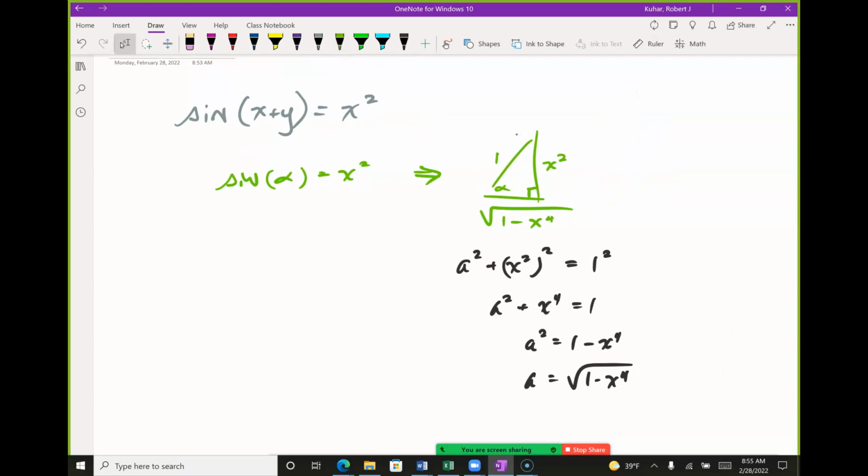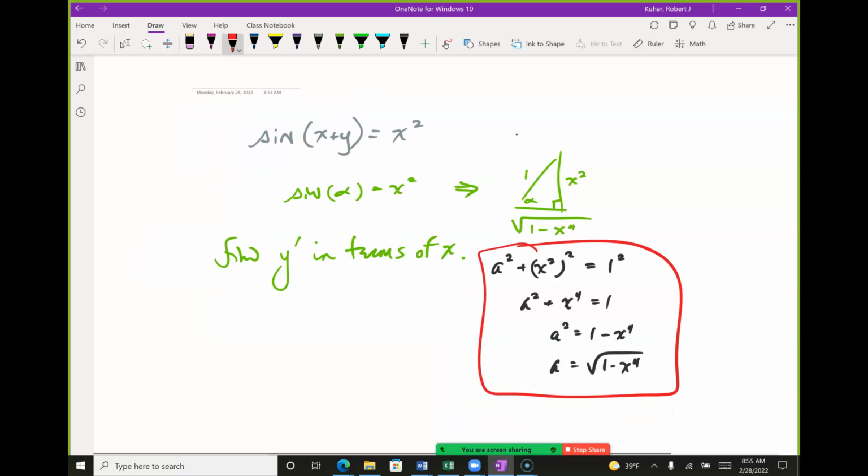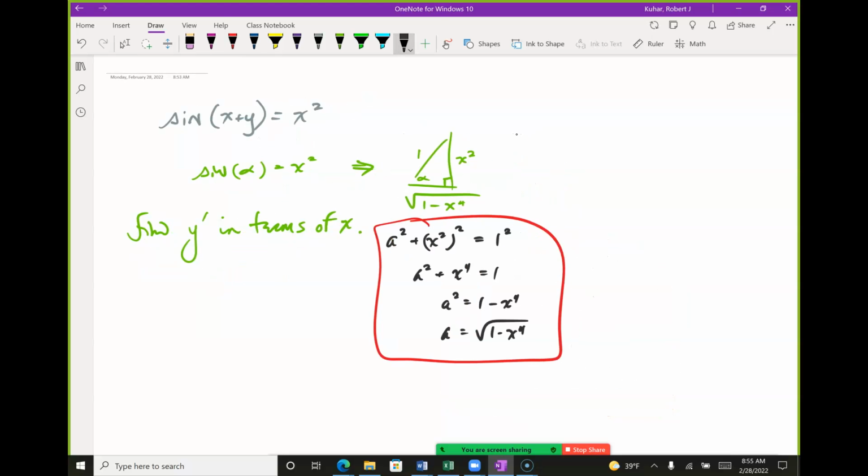Nice. Let's find our derivative in terms of x. Find y prime in terms of x. So derivative d dx of sine of x plus y should equal d dx of x squared.